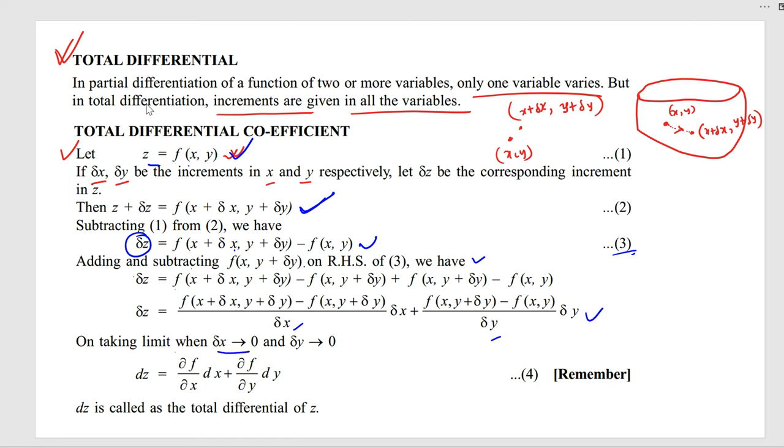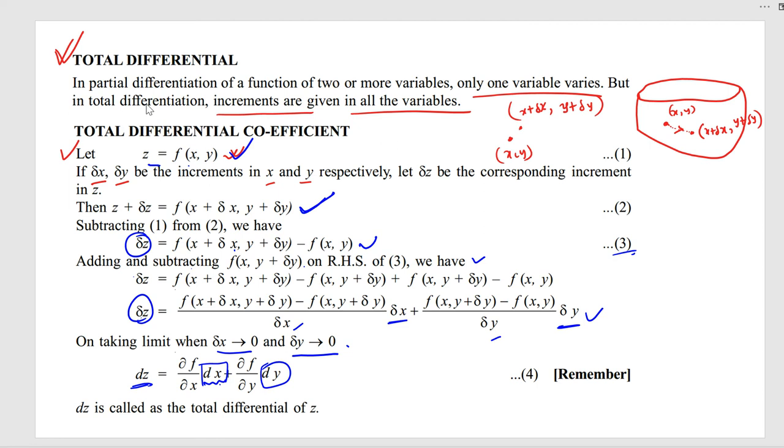So now if you allow delta x to go to 0 and delta y to go to 0, then what happens? This delta z over delta x, if you remember, will be the ordinary differential coefficient. Then this delta z will become dz, the small case, and this delta x will become dx, and this one will become dy.